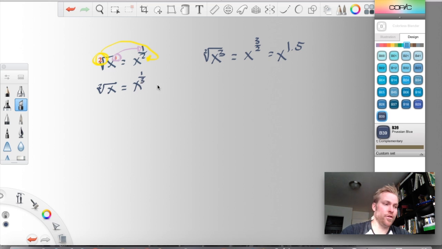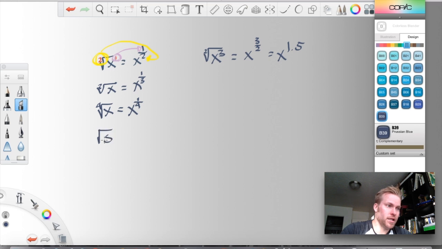And I have x to the 1/3. Hopefully you guys are starting to see a little bit of a pattern here, but what about the 4th root of x? Well, then that's going to be x to the, in the numerator I would have a 1, right? That's my power. And then in the denominator I would have a 4. Okay? And we could continue on all the way down to infinity.